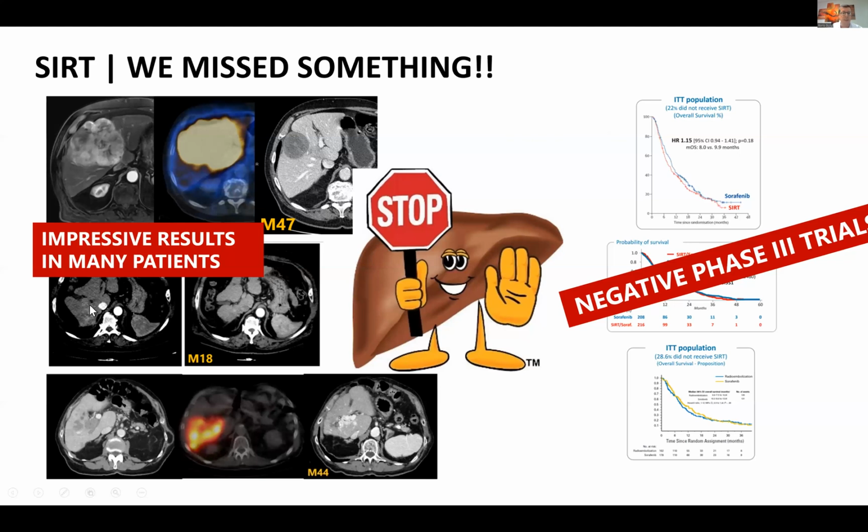You see very infiltrative HCC with portal vein invasion, another one here. And these patients are still alive, some of them 7, 8 years afterwards. So there is a discrepancy between the negativity of phase 3 trials and what we can see in our centers, not for all patients, but for a large number of patients.